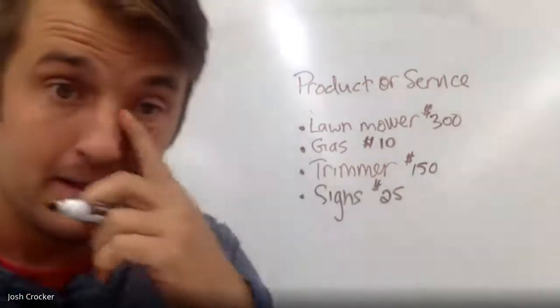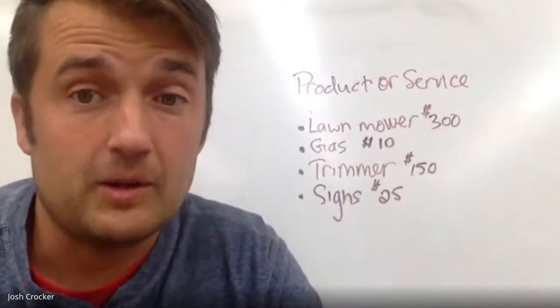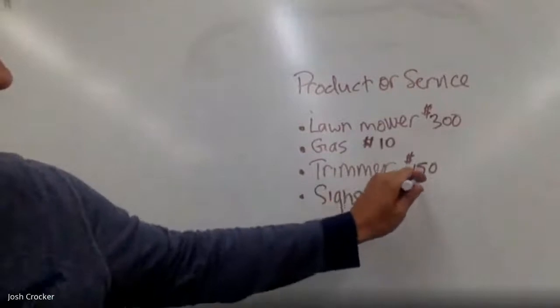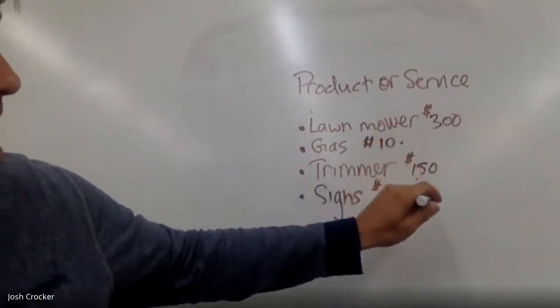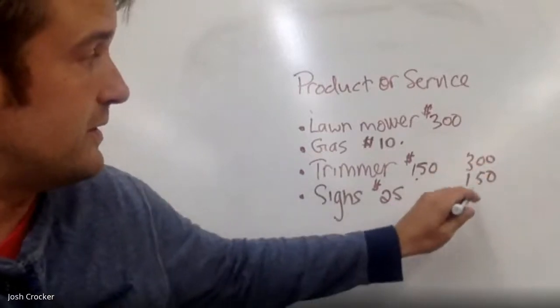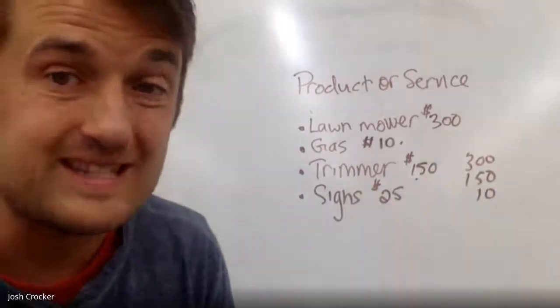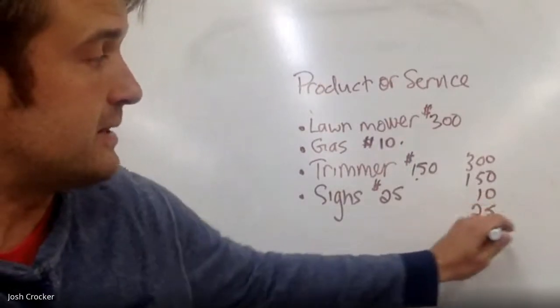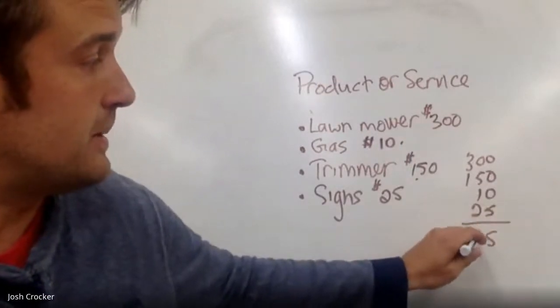Okay. So I'm going to total up my expenses, right? 300 plus 150 is 450 plus 10 is going to be 460 plus 25 is going to be $485.